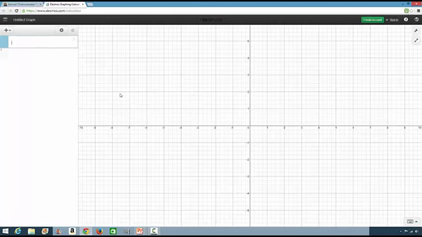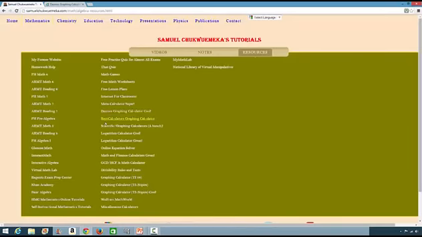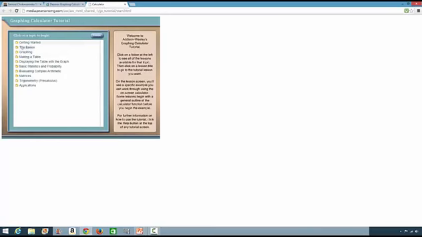Now you could graph this with your TI-83 or TI-84. If you have a TI-84 or TI-84 Plus, you could start from here. Let me open this in a new tab, and this is the calculator.